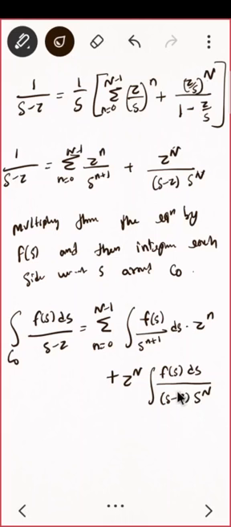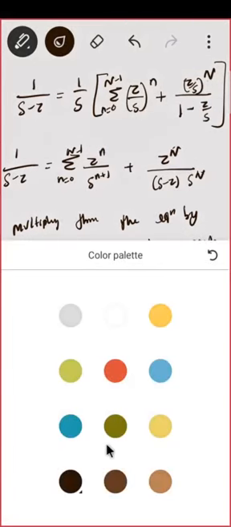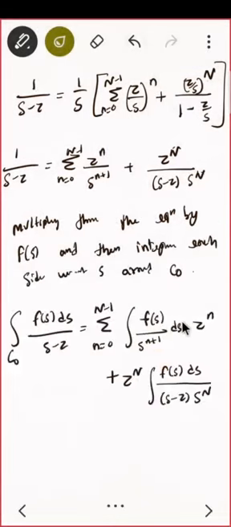Now look at this expression, the term inside the summation. I'll mark it with a different color. Have you seen this somewhere? This is s raised to n plus 1. Recall your extended Cauchy integral formula, correct?